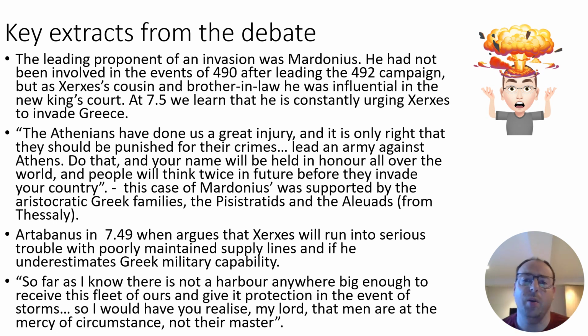So Mardonius is the key proponent of the invasion. He had not been involved in 490, but had led a campaign in 492. He was Xerxes' cousin and brother-in-law, and so he was an influential figure at the court. And he seems to be obsessed with the idea of invading Greece.